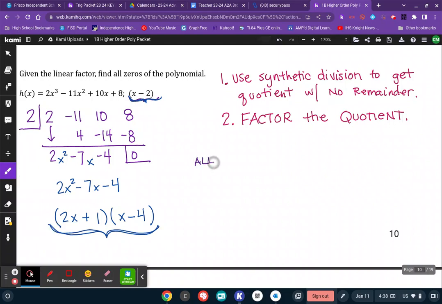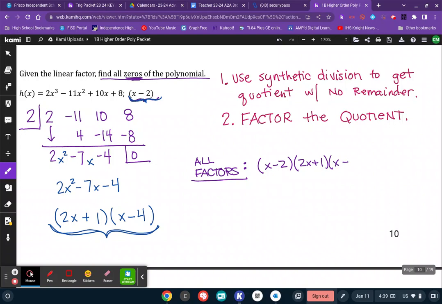I'm supposed to list all, it says to find all the zeros. So first I'm going to list all the factors just because I want to, not because I'm required to: the first one I was given, and then these two I found.